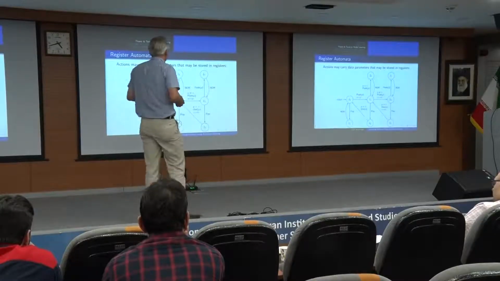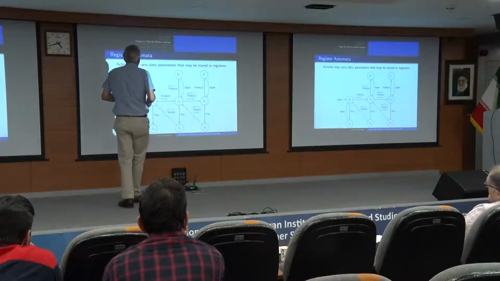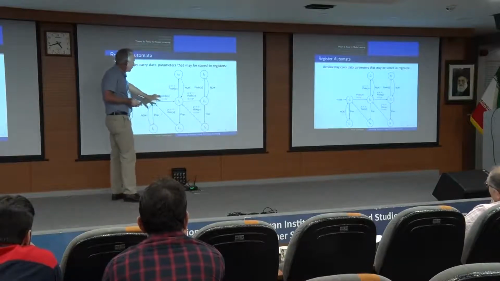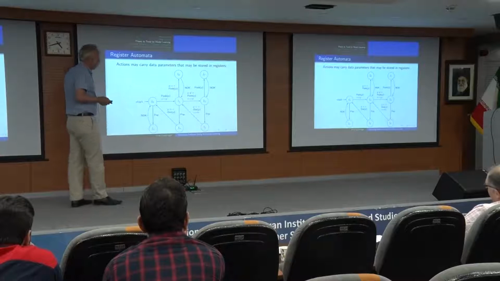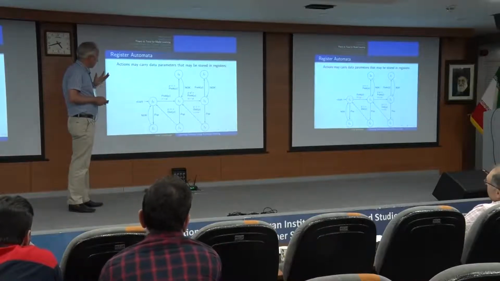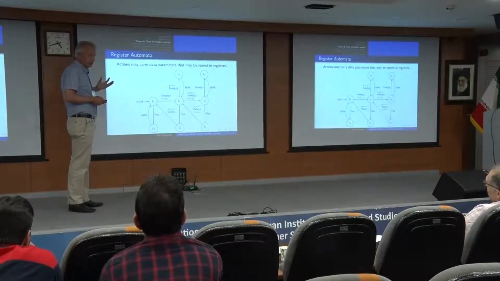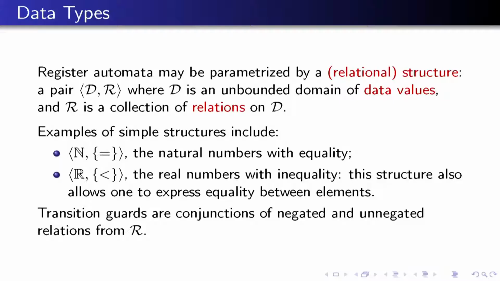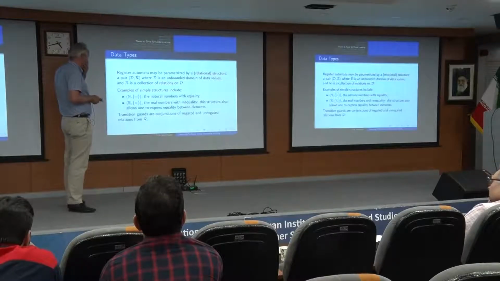You don't perform operations on it. If we have such a model, then it turns out that the existing L star algorithm can be generalized, and there are various ways in which people have done it. For this extension, tools are available.